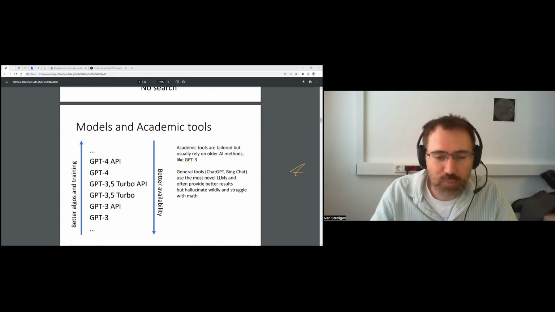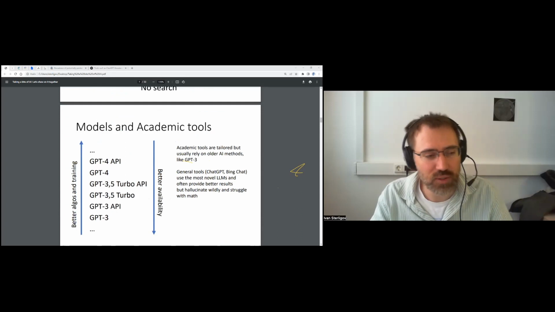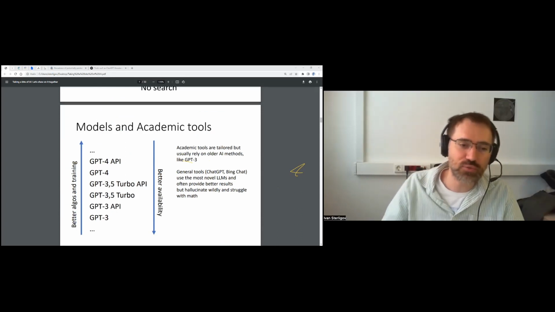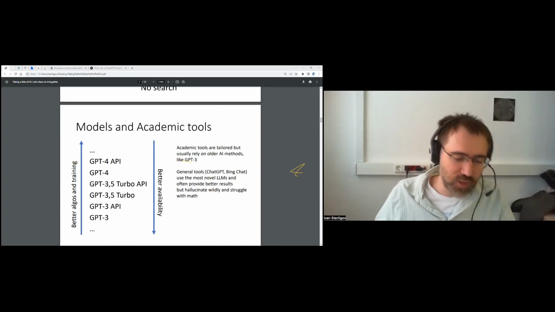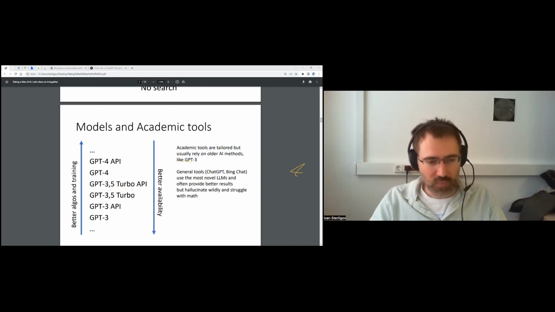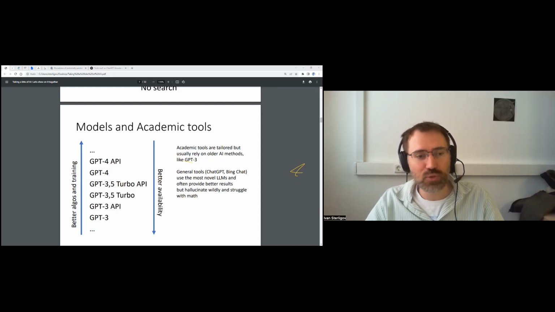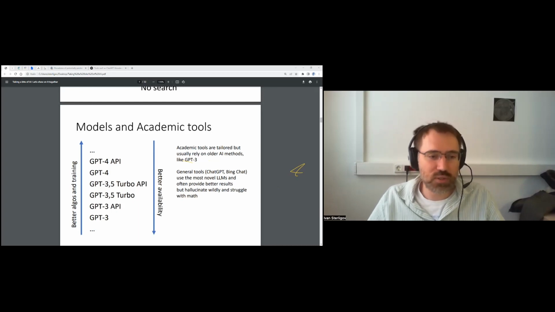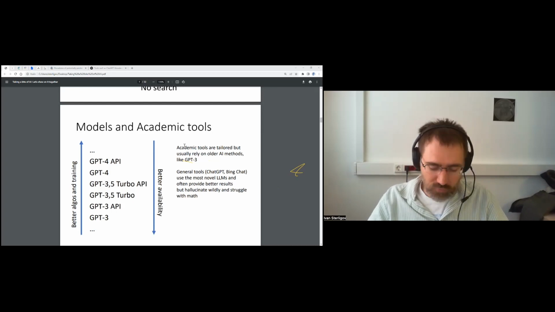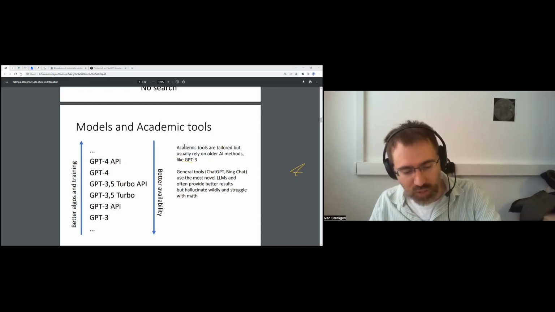This means that the most advanced tools are in these general chatbots, not suited especially for scientists, but all the other academic-specific tools often use older models. So this is some sort of interplay here, and we'll find out how it will expand from that.